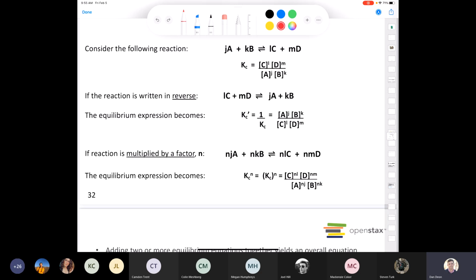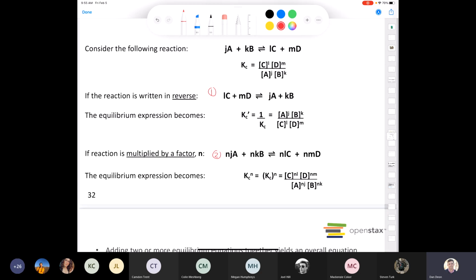If you multiplied it by 3, you would cube it, so on and so forth. And if you're wondering how to calculate it if you had concentrations, you would multiply all of their stoichiometric coefficients by the factor, and then use that as your power. So that's kind of 2 rules on here. You could call this rule number 1, and this rule number 2.